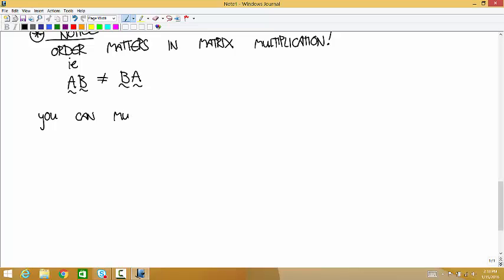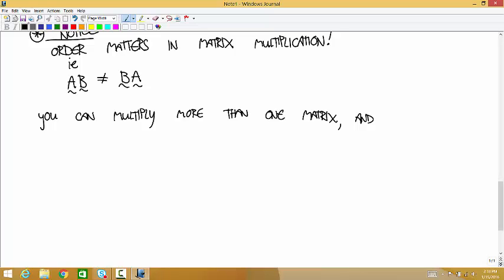You can multiply more than one matrix together by just doing them two at a time, and then multiplying the next one on the right. And this might be sort of surprising because the order of which one's on the right and which one on the left matters, but the grouping does not matter.